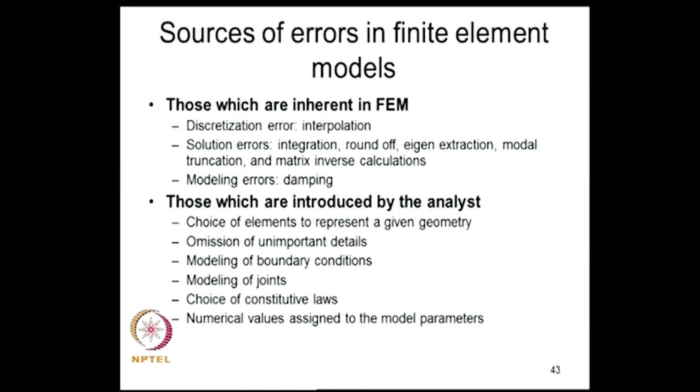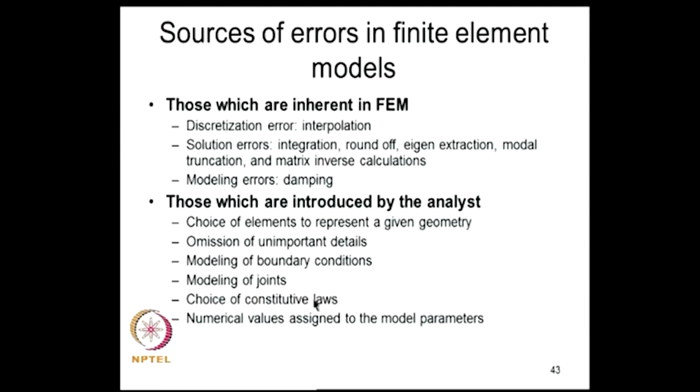Is the boundary condition on displacement fixed or hinged or sliding or whatever. Then modeling of joints. So, if there is partial fixity or the joints are flexible, for example, in a transmission line tower the joints may not be pinned, there may be partial transmission of moments, and similarly at joints where we think there is a fixity condition, it may not be truly fixed, there could be some flexibility.